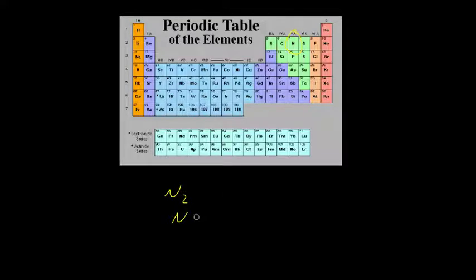So nitrogen has, the first one has 5 valence electrons, the second one has another 5 valence electrons, so therefore it has 10 electrons total. So our Lewis dot structure here for nitrogen should have 10 electrons total. If it doesn't, then we've screwed up somewhere.